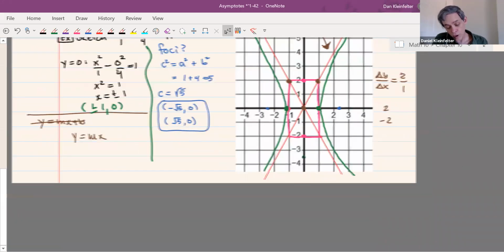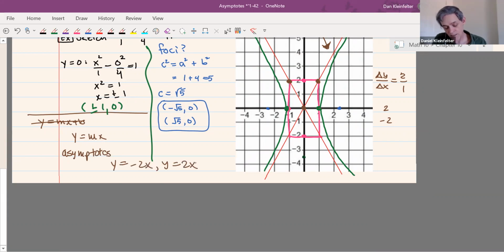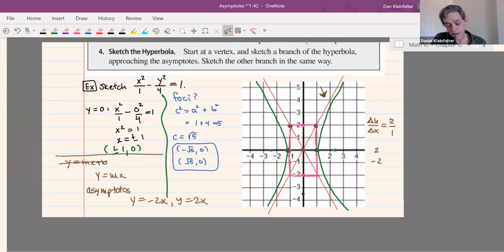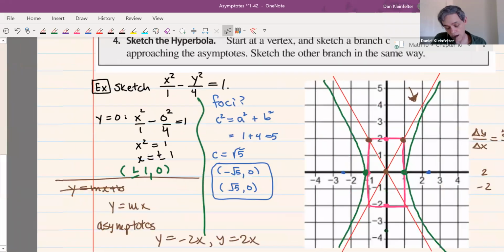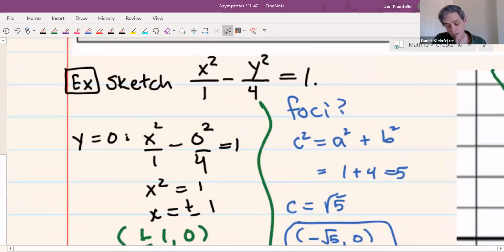Okay, so the two asymptotes, if we want the equations of the asymptotes, are going to be y equals minus 2x and y equals 2x. Okay, how can you get that off the formula without having to draw that central box? Let's take a look at the original equation for our hyperbola, which is right there.